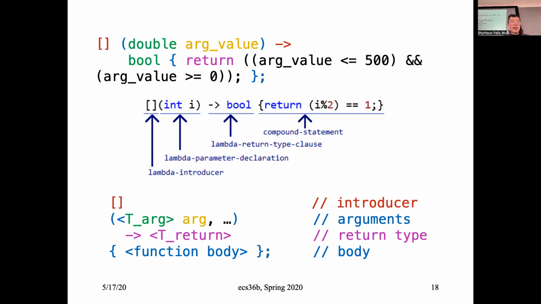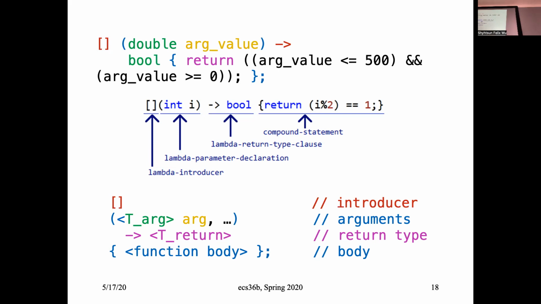First is the lambda introducer. The lambda introducer just declares that the rest, not really the line, but everything until you hit the curly bracket at the end, is a lambda expression.